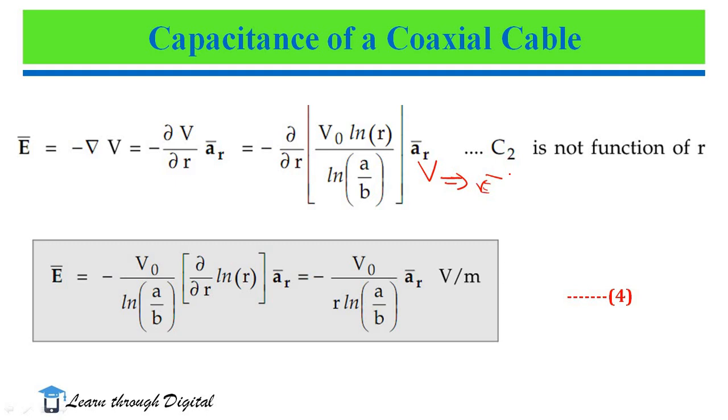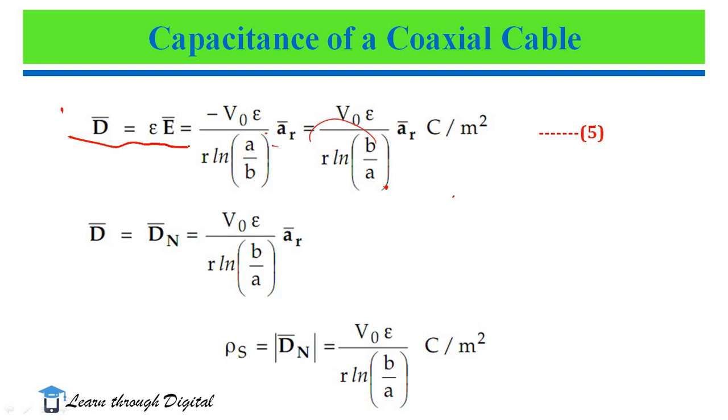Previously we obtained the expression for potential V. Now we differentiate this expression with respect to r. So we get E vector is equal to minus V naught by r ln A by B, a r vector, volts per meter.